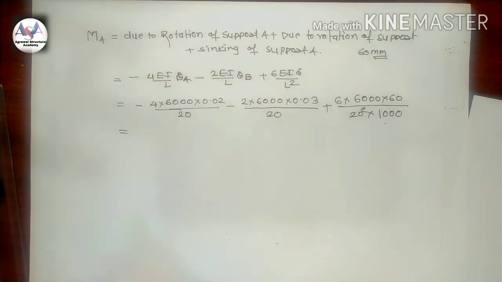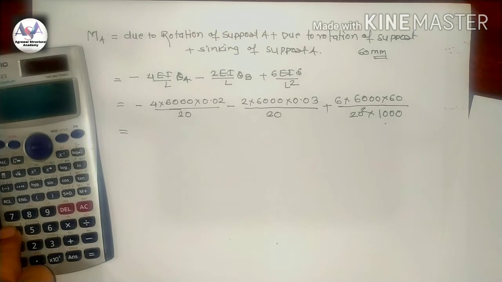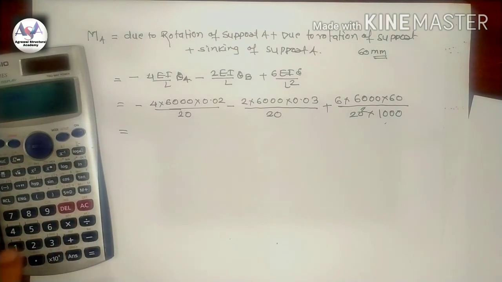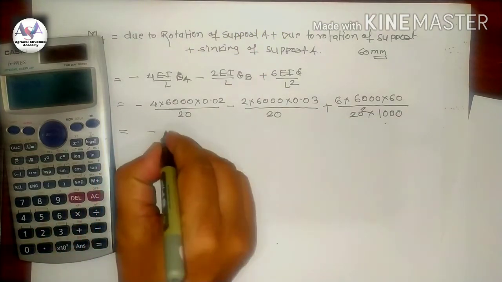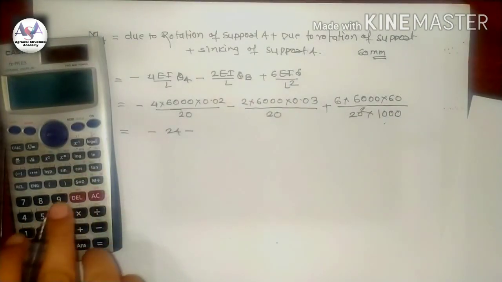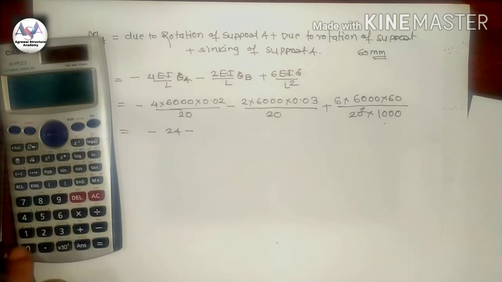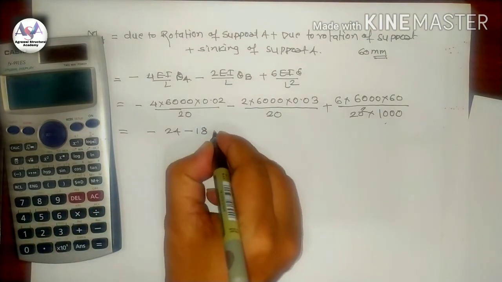So calculate this value. This becomes 4 into 6000 into 0.02 divided by 20, which becomes minus 24. Then minus 2 into 6000 into 0.03 divided by 20, this becomes 18.